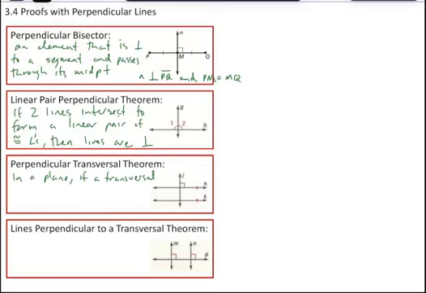Remember, transversal is a line that intersects multiple lines. So here, in this case, J is the transversal. So I have symbols here for perpendicular and parallel, but again, in a given plane, if a transversal is perpendicular to one of two parallel lines, then it's perpendicular to the other.